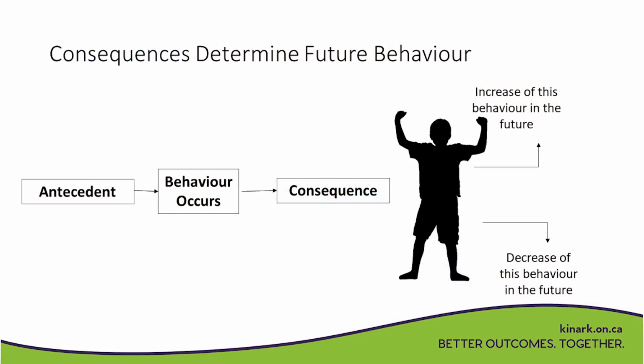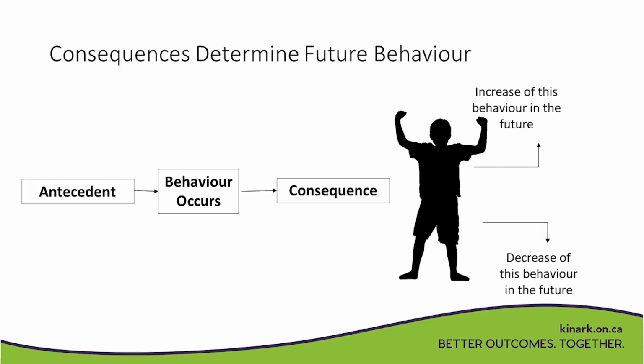How we react to a behavior can determine whether or not the behavior will continue in the future. Remember that reinforcement occurs when something is added or removed immediately following a behavior and increases the future likelihood of that behavior occurring again in similar situations.